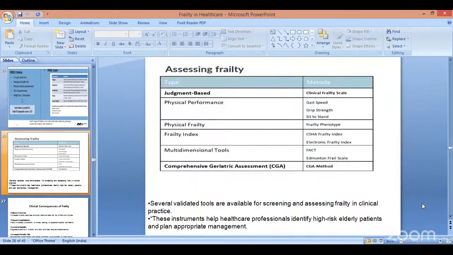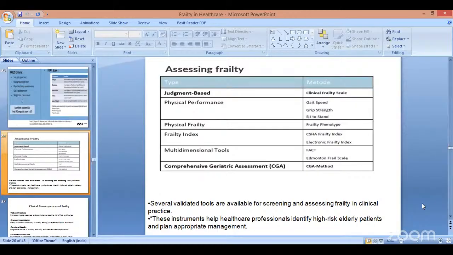Next. So now we are assessing frailty. How will we be assessing it? When checking physical performance, we will check gait speed, grip strength, and the sit-to-stand test. Then there is the frailty phenotype for physical frailty. Frailty indexes, that is the CSHA frailty index, and the electronic frailty index.